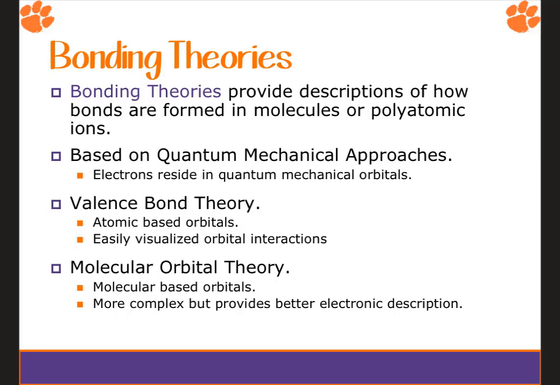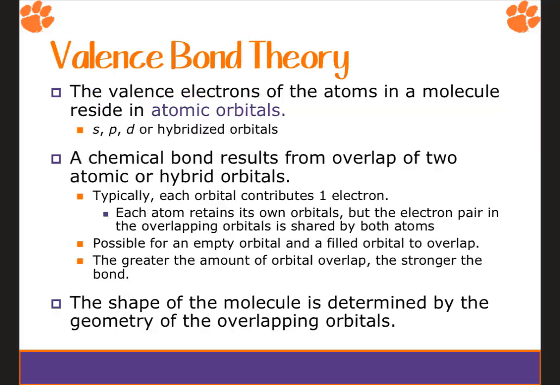Not that the other one's super complex, but valence bond theory is atomic based and easily visualized, as opposed to molecular orbital theory, or MO theory, as you might hear it called. We're looking at molecular-based orbitals, as the name implies, and it's a little bit more complex, but it describes bonding a little bit better. But we're going to learn the differences and similarities between these two bonding theories.